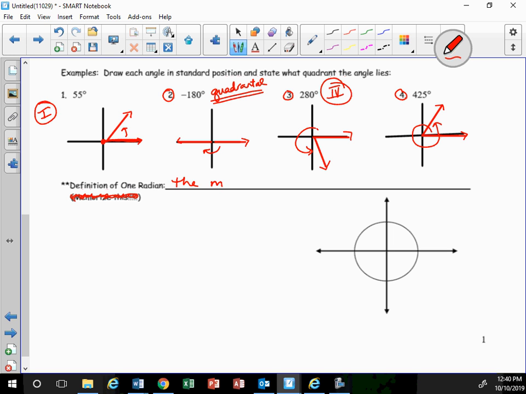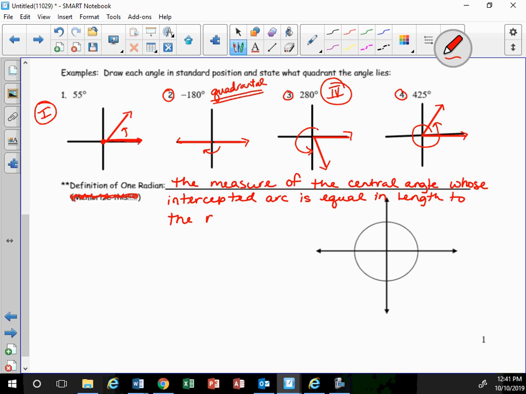Okay, the measure of the central angle whose intercepted arc is equal in length to the radius. Again, write it down and I promise I'll explain.